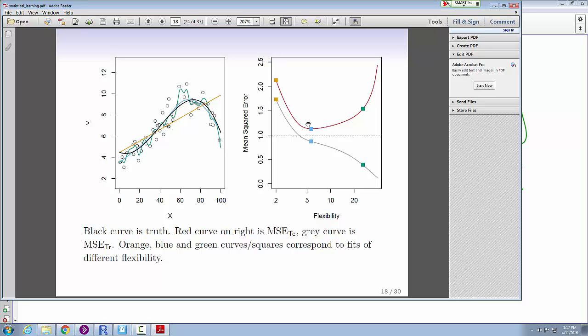I improved quite a bit by going from linear to the blue curve, the middle of the three. But when I made it even more flexible by going to the green curve, it actually hurt. The mean squared error on the test data went up when I allowed for this amount of wiggliness.